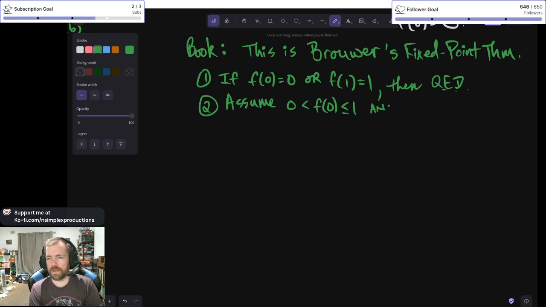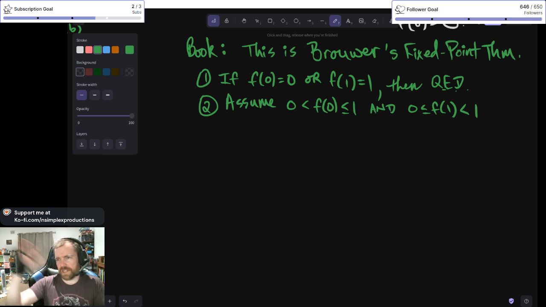And 0 is less than or equal to f at 1 is less than 1, strictly. And again, we said this, it was just in different parts. So, Brouwer brought it all together at the same time. Go figure.